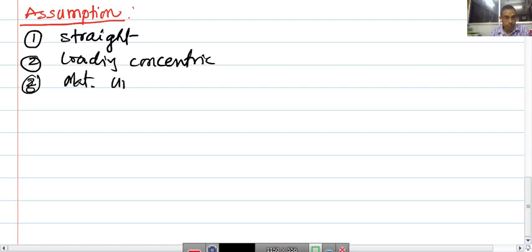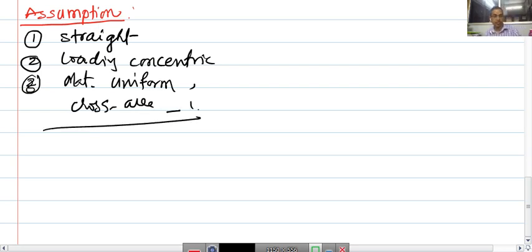Material is uniform, that means isotropic, uniform, and also the cross section area is uniform throughout the length, and so on, so many things we discussed, right.